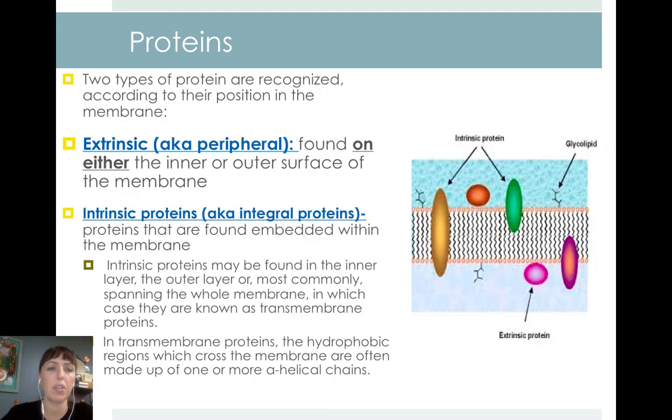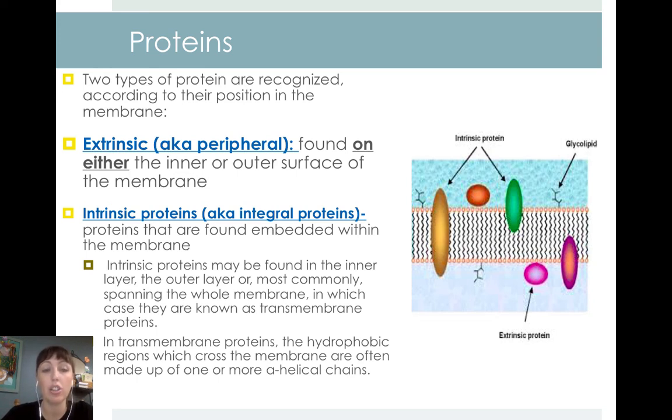So two types of proteins are recognized according to their position in the membrane. One is the extrinsic or peripheral protein, and this is found on either the inner or outer surface of the membrane. Intrinsic proteins or integral proteins are ones that are found embedded within the membrane.